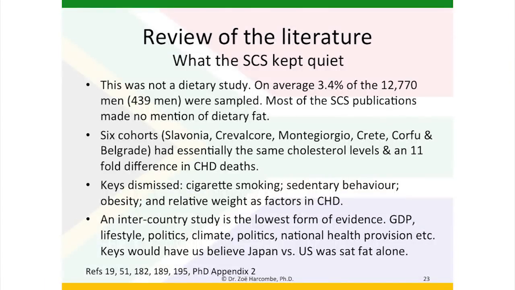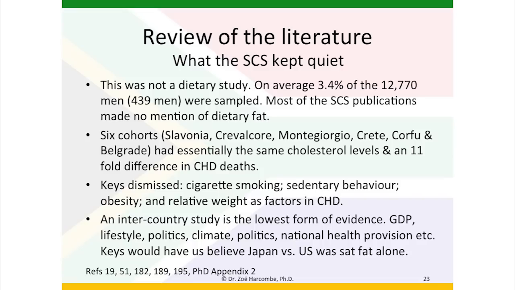What the 7-country study kept quiet, in effect, was that this was not a robust dietary study. On average, 3.4% of the almost 13,000 men were sampled, and most of the 7-country study publications of the individual cohorts made no mention whatsoever of dietary fat. 6 cohorts had essentially the same cholesterol levels and an 11-fold difference in coronary heart disease deaths.